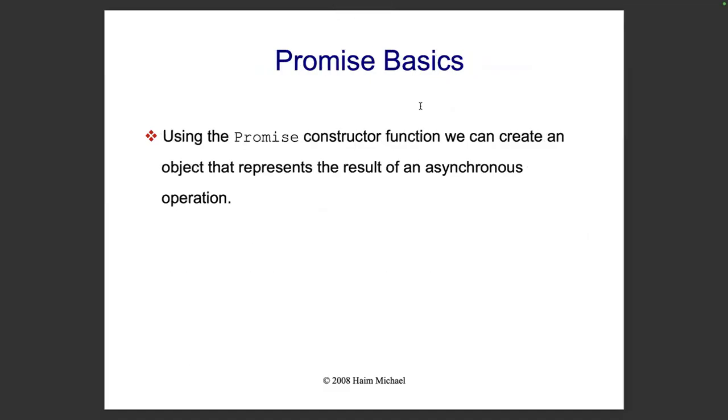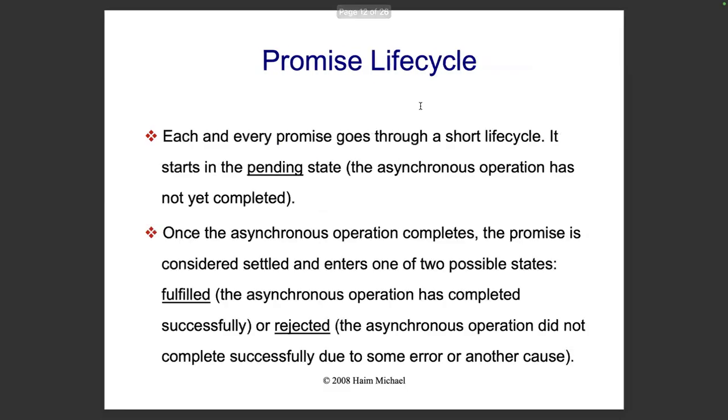So if you look at the promise constructor function and you look at the documentation, you will find an explanation about the state that every promise goes through. Every object you instantiate using the promise constructor function has a state, and that state is pending in the beginning. And then from pending, it can change either to fulfilled or rejected.